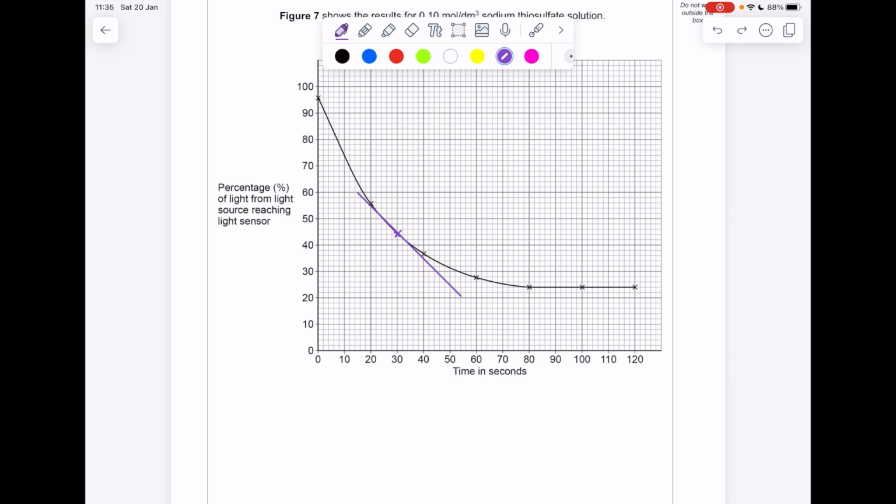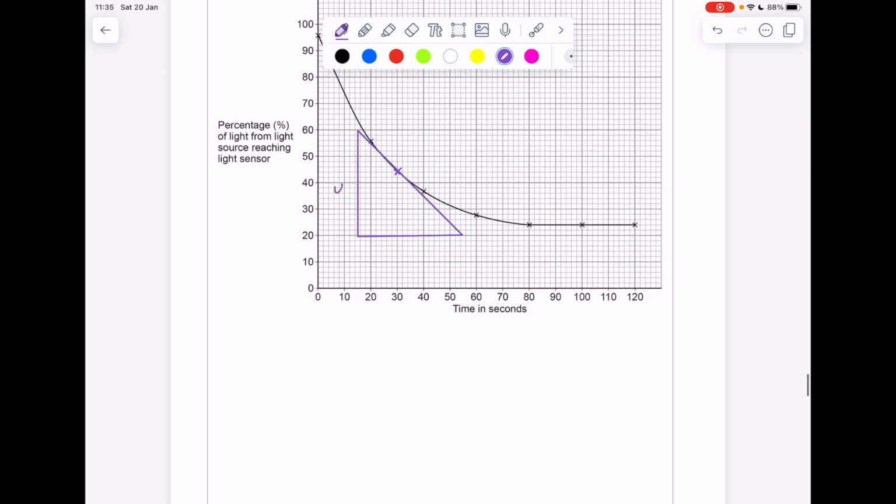So here's 30 seconds. Then draw a tangent nice and accurately. And then to find the rate of reaction, all we have to do is find the gradient of that tangent, which is change in y over change in x. So carefully read off your y-axis. It's 40. The x-axis is 15, that's 55.